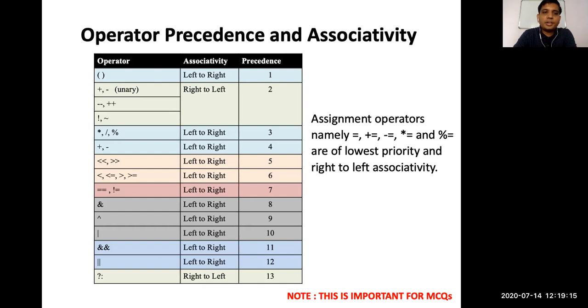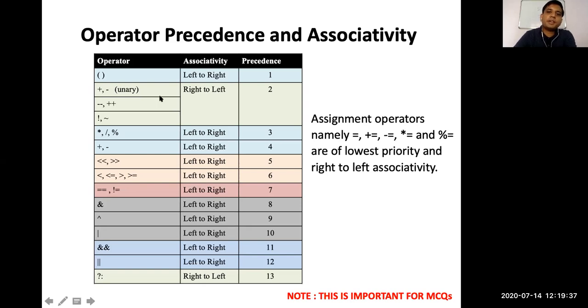The operator which comes first has the higher precedence, like bracket has the highest precedence over the other operators. There are two kinds of plus and minus: unary plus minus, and the binary operator plus minus.